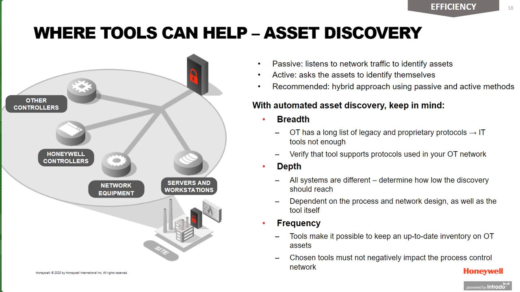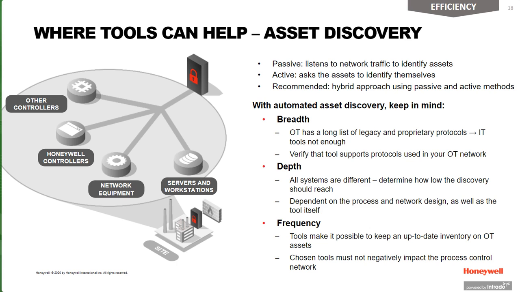And so in the next 3 slides I want to talk about some of the tools that are available in the industry. The first one is asset discovery. Asset discovery, for those of you who don't know, as the name indicates, is all about discovering the different assets at your facility, all the different PLCs, sensors, and actuators. There are a couple of ways you can discover assets.